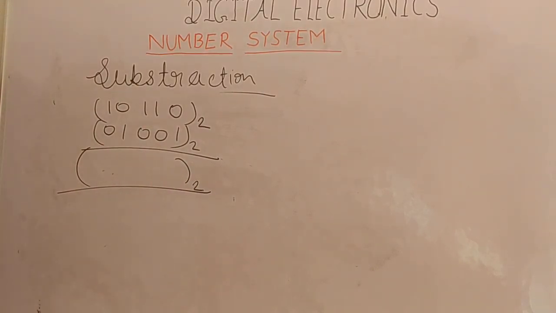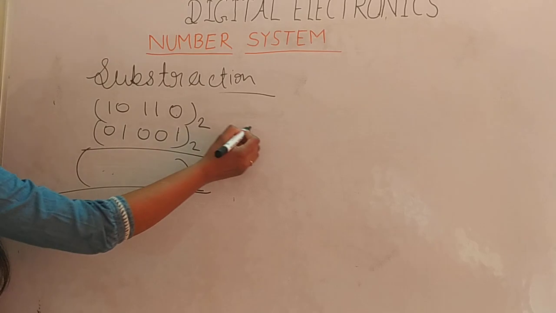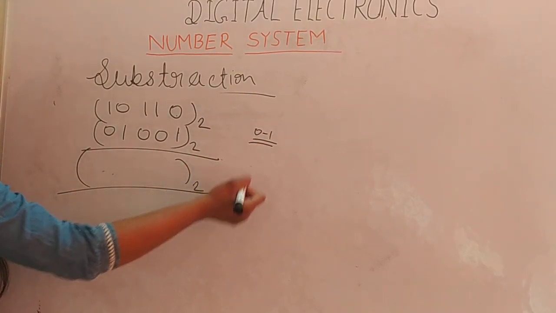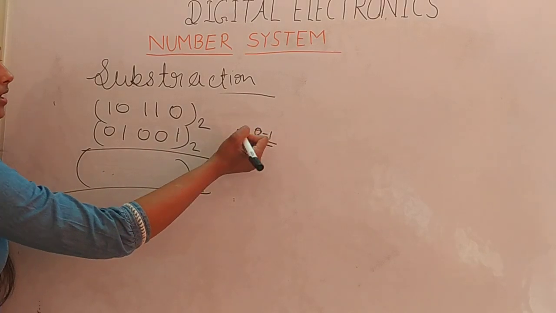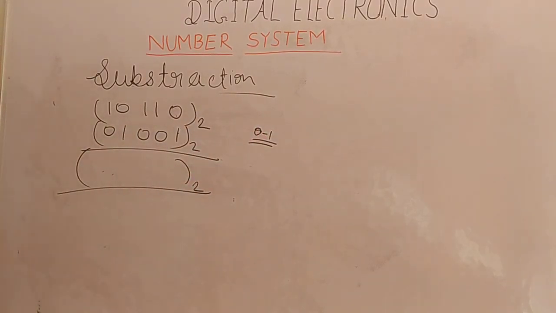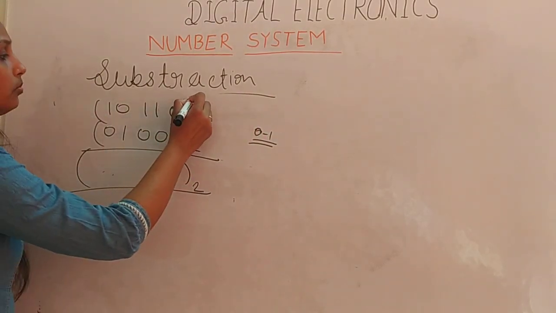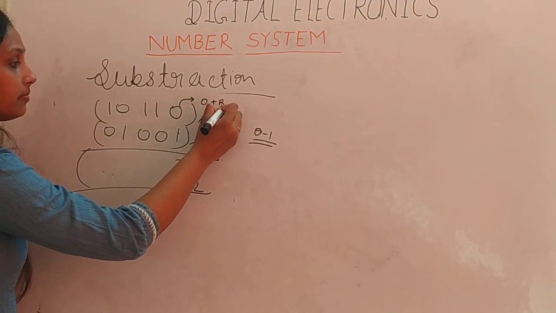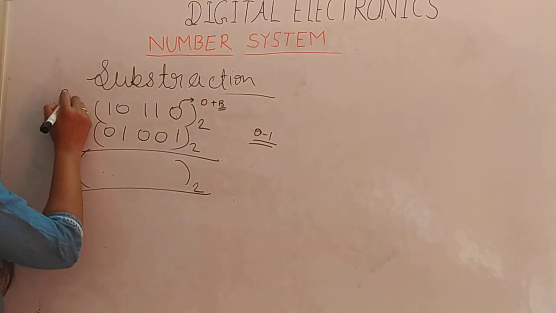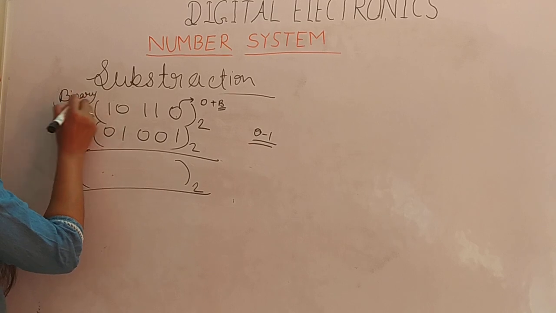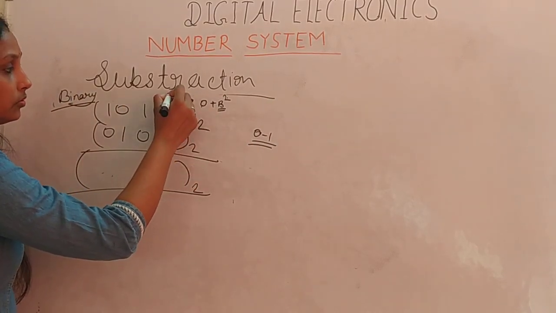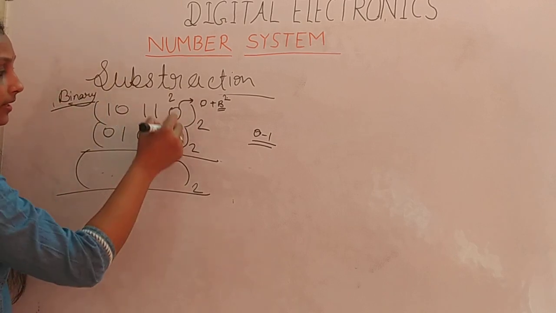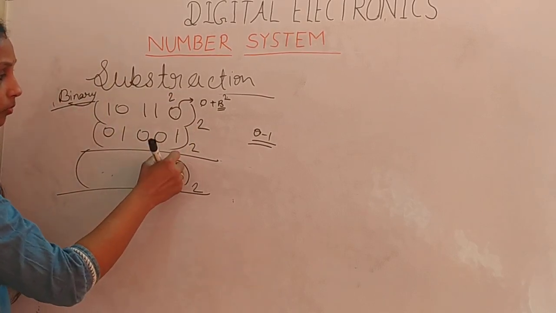So what we'll do, 0 minus 1. We can't subtract a larger number from a smaller number. So we will assume 0 as 0 plus base. The base of binary is 2. So 0 plus 2, from 2 we will subtract 1. 2 minus 1 will be 1.